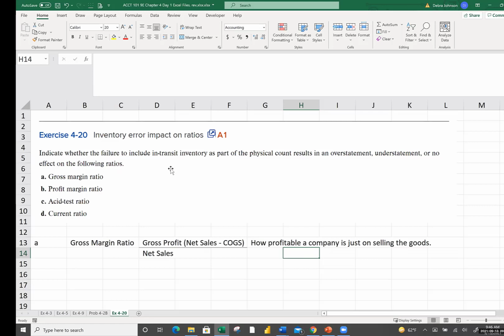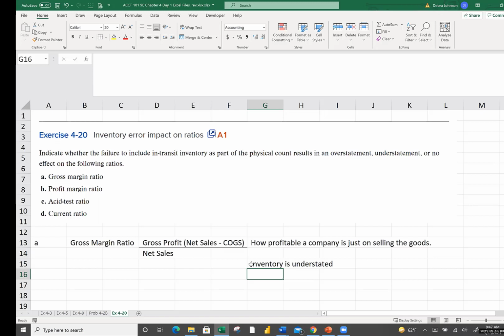Okay, so indicate whether the failure to include an in-transit inventory part, okay, that means in English, failure to include inventory. That means that your inventory is understated. You forgot to include an in-transit inventory part.